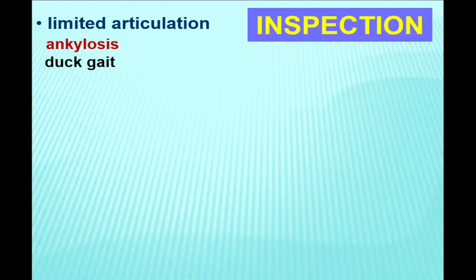Next step of examination. First of all, we must check functional activity of joints to reveal the cause of limited articulation. We can see a specific change of gait of the patient. Some joint diseases, especially deforming osteoarthritis, may be seen when the patient is only coming into your room.